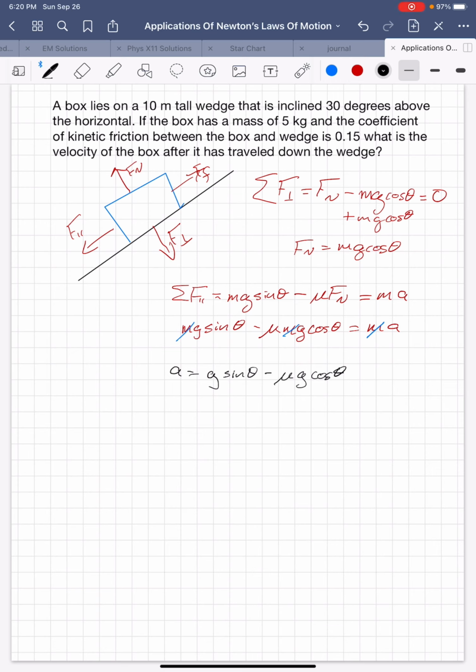Now to find the velocity at the bottom, I can look at my kinematic equations and notice that v final squared equals v initial squared plus 2a delta x. Well, delta x I know. Delta x is what? Well, it's 10 meters in the y direction, divided by the sine of 30 degrees.